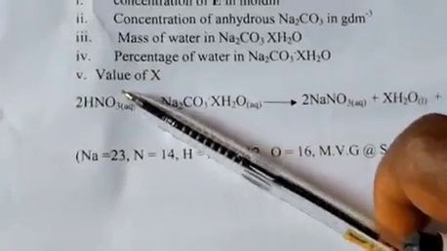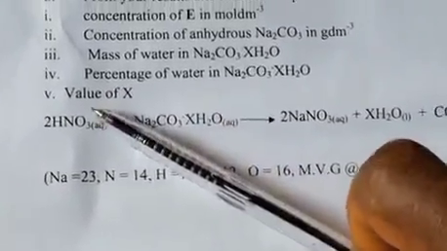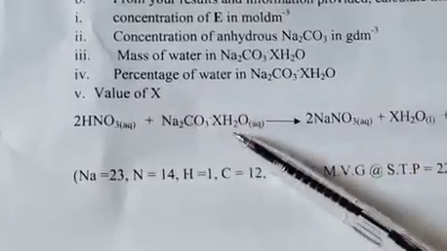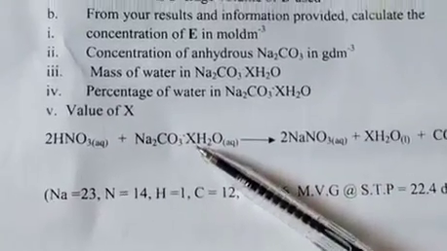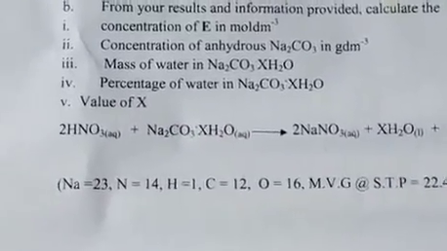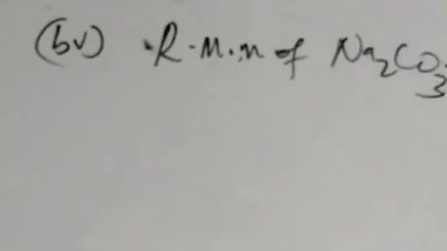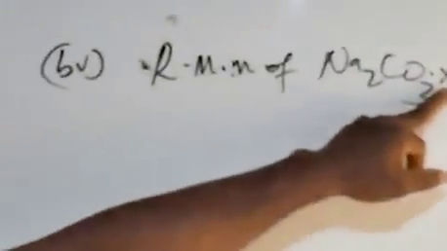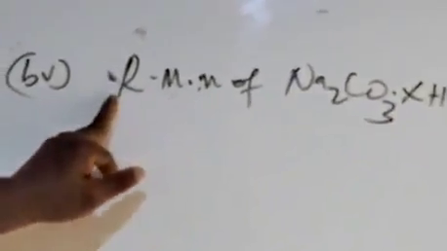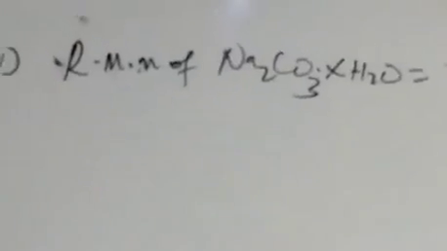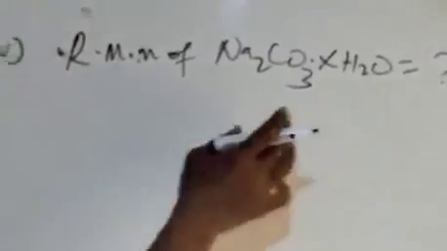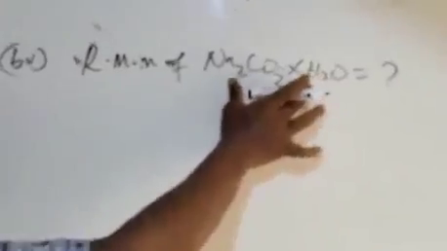Question V says we should find the value of S. S represents the number of water molecules of crystallization in the compound. Before we go ahead to find the value of S, we have to first of all find the relative molecular mass of the hydrated salt. So we have to first find its molecular mass or molar mass. Then the concentration of the hydrated salt in mole per dm cube.